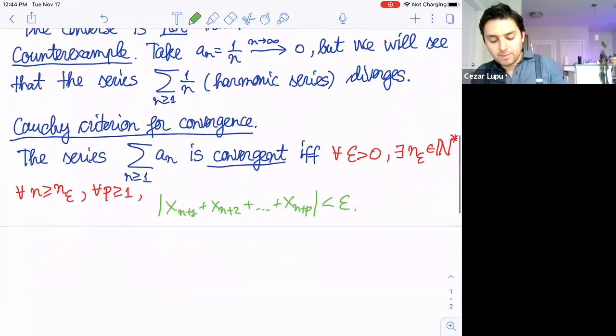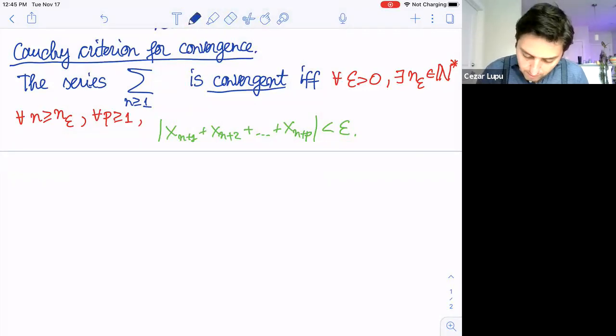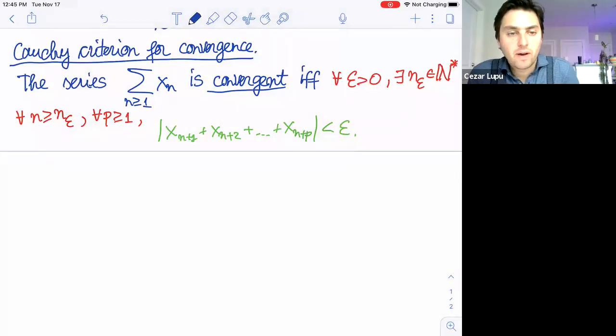What do I mean by that? In other words, this says the following. Oh my God, I put a different letter here instead of x. Okay, let me write it here with x. All right, so in other words, this tells us the following fact.